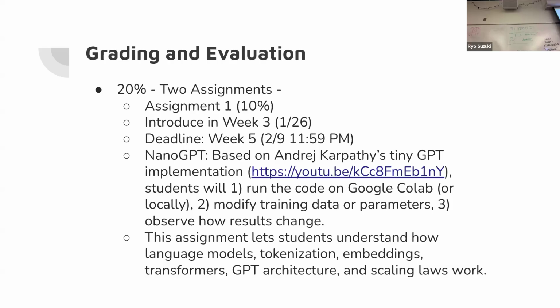I'll let you actually run it and learn it, and also use different datasets to see what happens. I have 2 weeks for the duration, but it should be done very quickly, I assume. I want you to understand how language models work: tokenization, embedding, transformer, GPT, and scaling. That is the goal of the assignment, worth 10%.